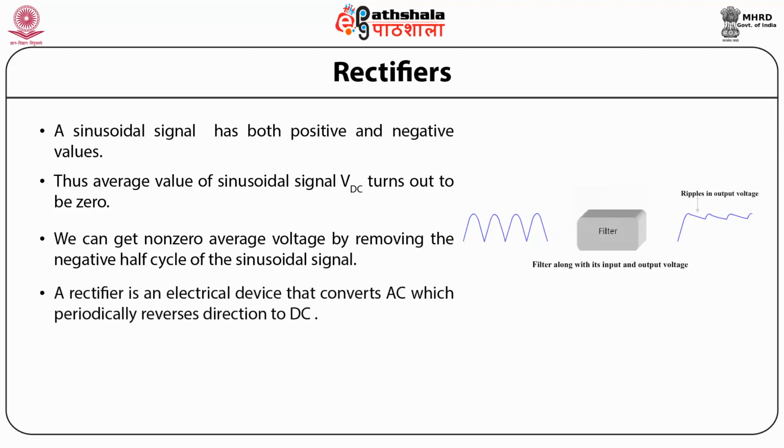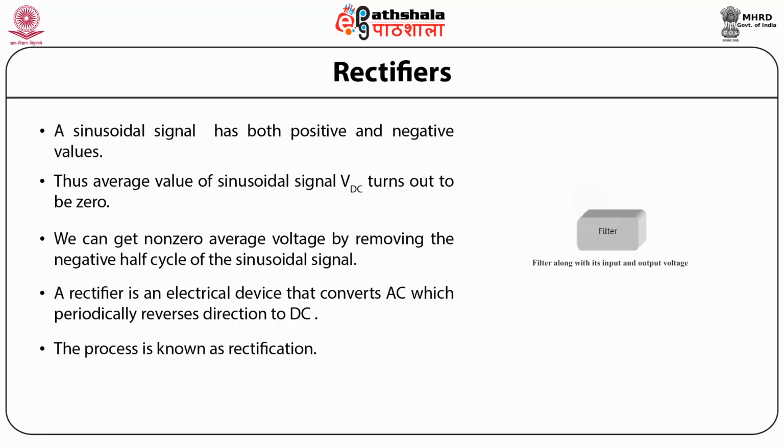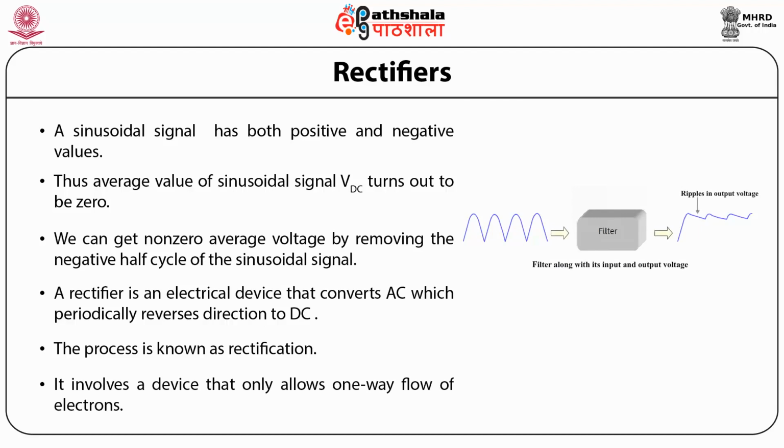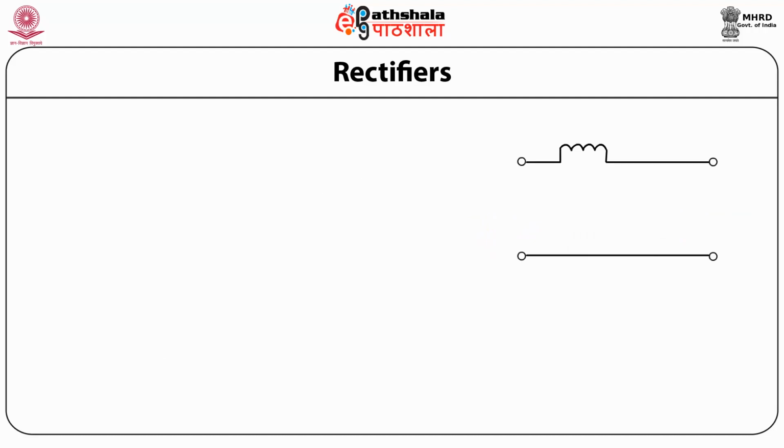A rectifier is an electrical device that converts AC, which periodically reverses direction, to DC. This process is known as rectification, and it involves a device that only allows one way flow of electrons as shown in this figure. Let us now discuss the filters.